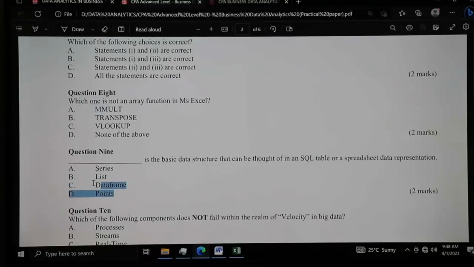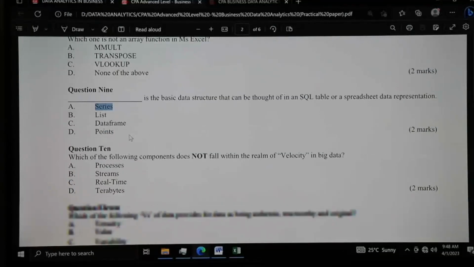Points, we're not very sure, but points here represent maybe that measure of the size. But a series is actually one of that basic data structure that can be applied specifically in spreadsheet representation, a series.